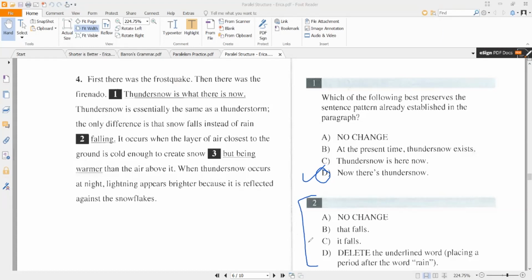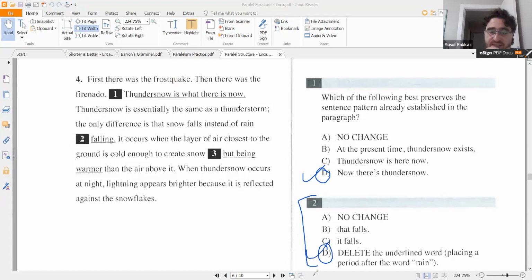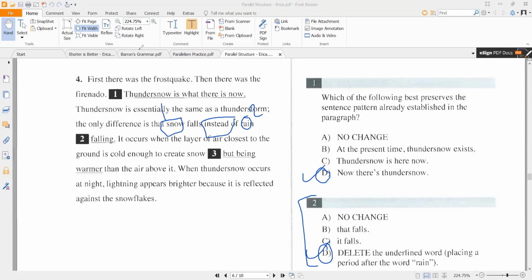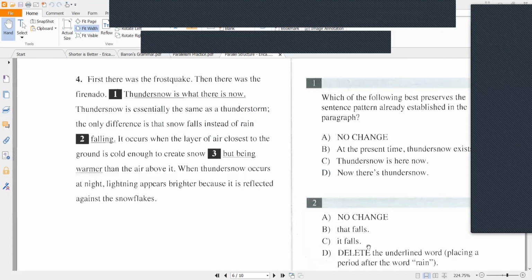I think it's D. So we delete it. Because we can just say snow falls instead of rain. That's it. Snow and rain, they're both nouns. We don't need any other verb.